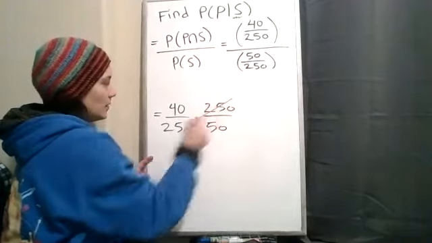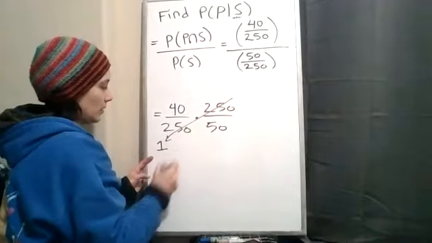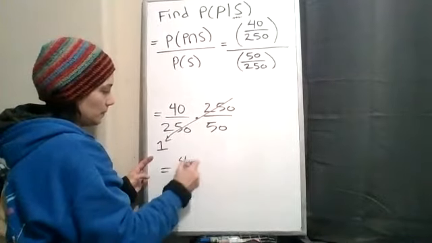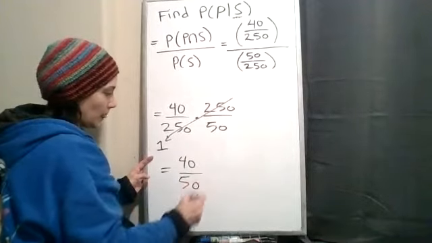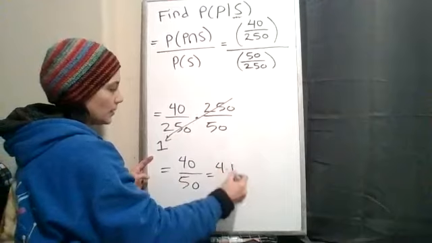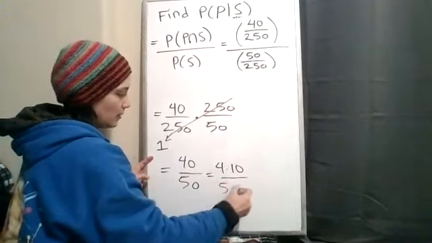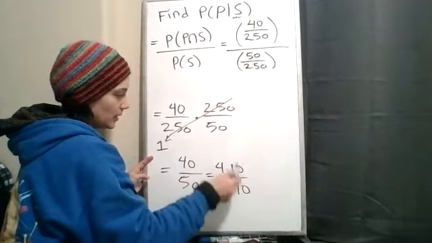Okay, 250 over 250 is 1. So we could do like 4 times 10 and 5 times 10. Here's another one of these guys.